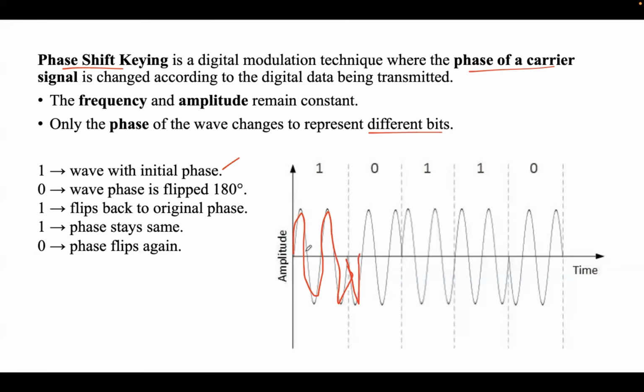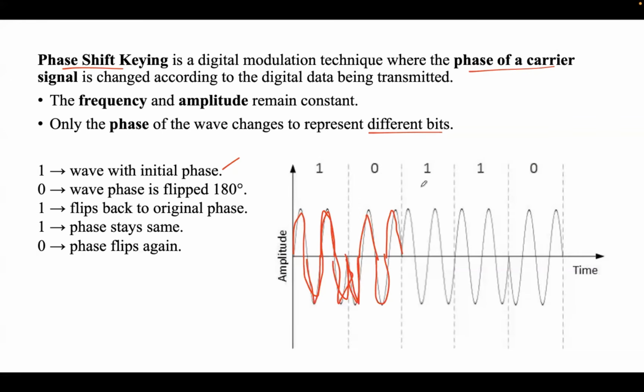This upper part will come to the bottom, and the bottom one will move to the top. Again, the upper wave will move down and the lower wave will move up.